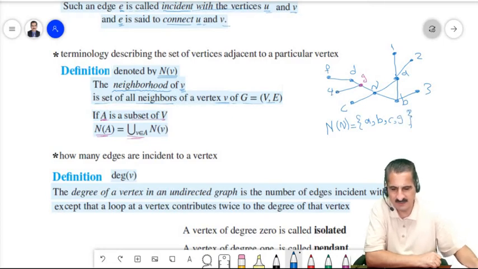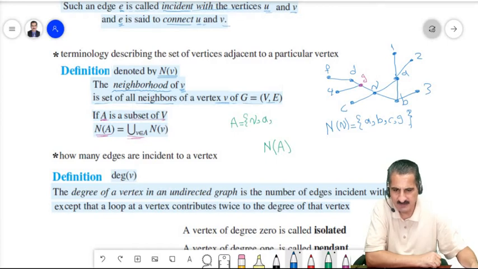Now, what if I ask, for the graph above, what is the neighborhood of A, where A is given to be the set consisting of V, A, and D? So we will take the neighbors of V, union the neighbors of A, union the neighbors of D. The neighbors of V are given here.